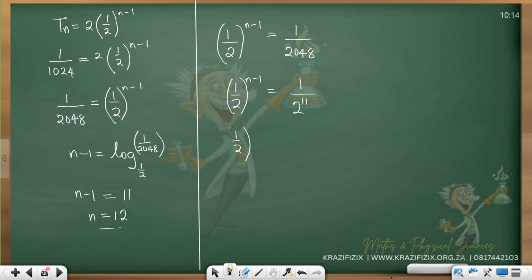And this can be written as half to the power n minus 1 equals half to the power 11, because 1 to the power 11 is still 1. So n minus 1 is 11, and n would be 12. Are we on the same page, everybody?